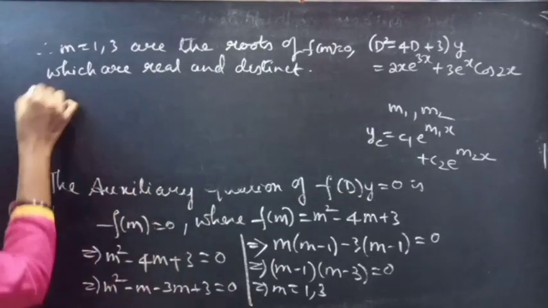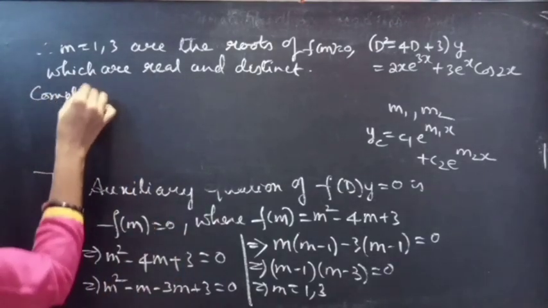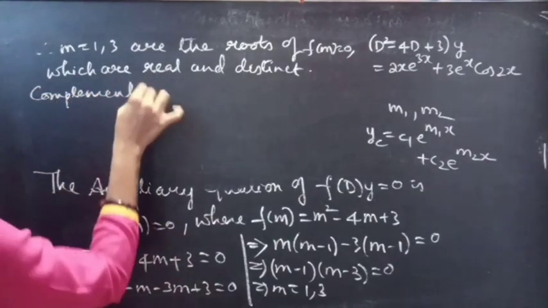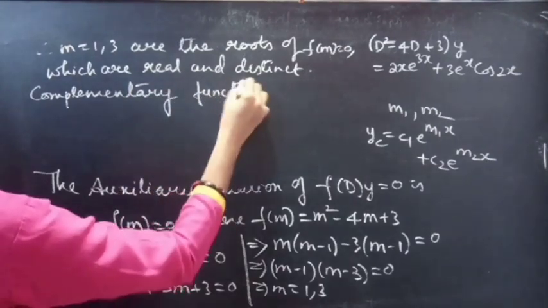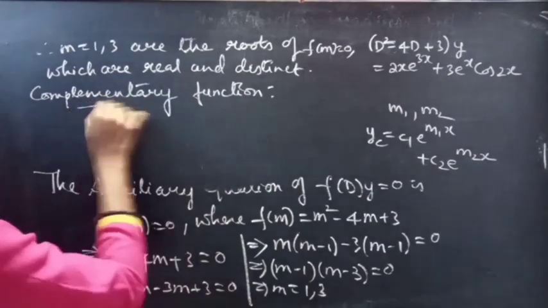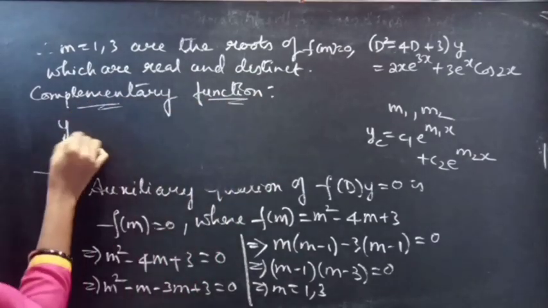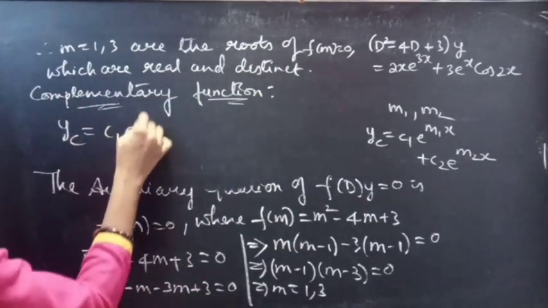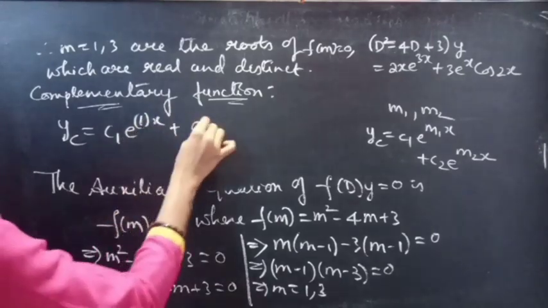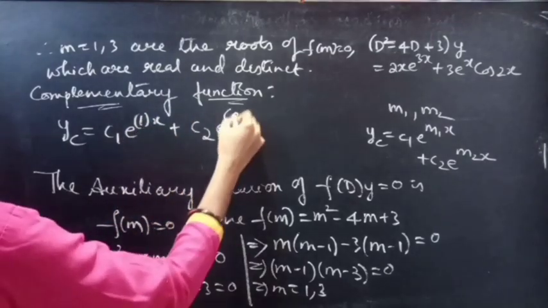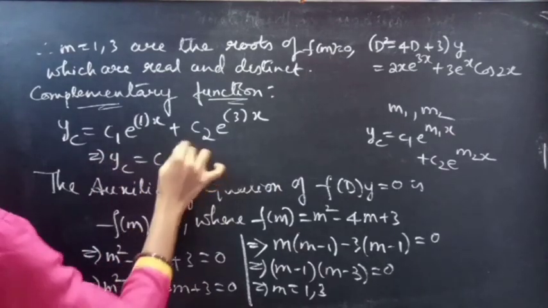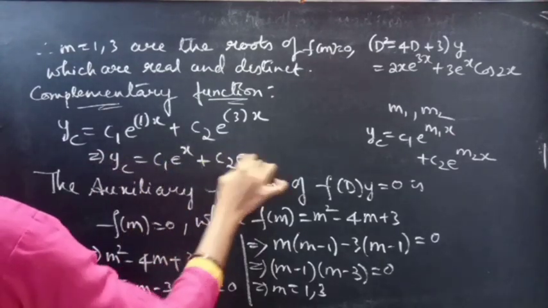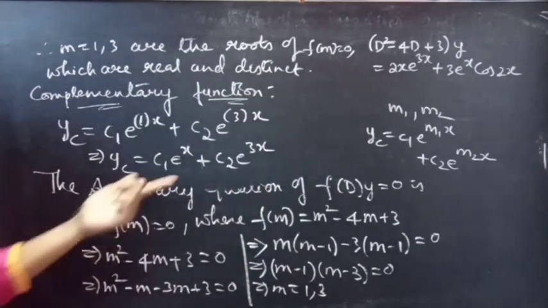Now coming to the complementary function of our problem, yc will be c1 e^x + c2 e^(3x). So this is the complementary function.